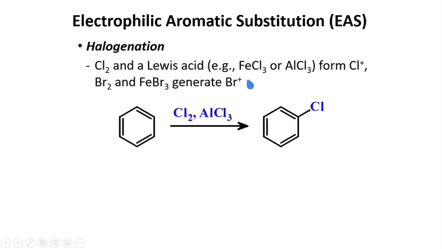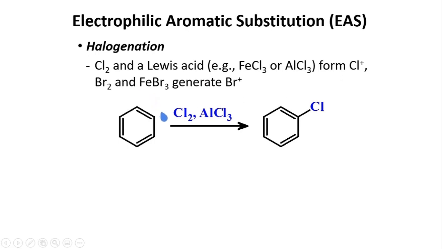The first reaction is halogenation. Halogenation uses halogen, such as Cl2, and a Lewis acid. The mixing of ferric chloride, for example, and chlorine molecule forms Cl+. If you want to form Br+, then mixing of bromine molecule and ferric bromide is required.